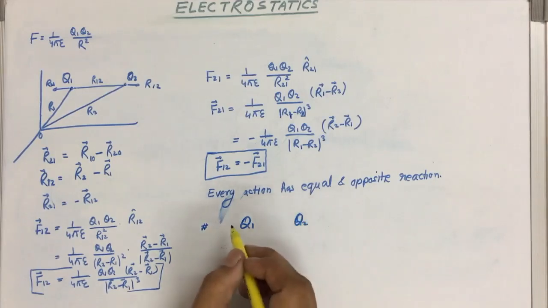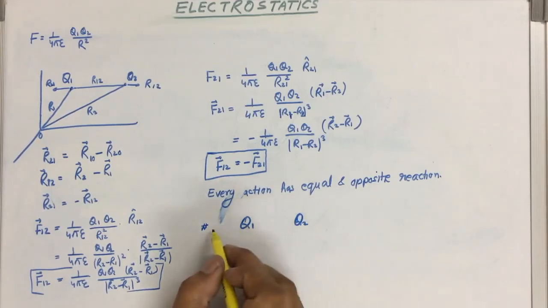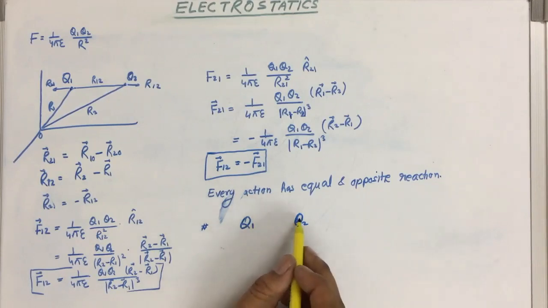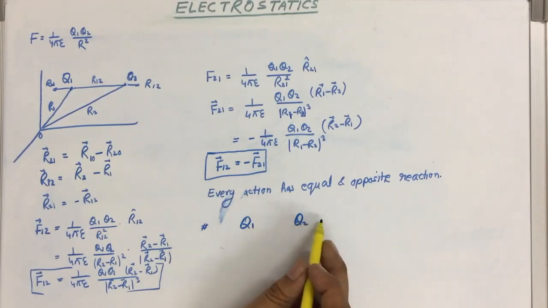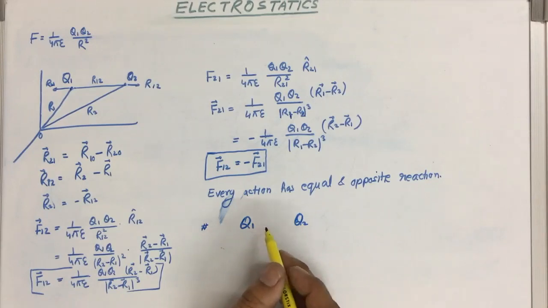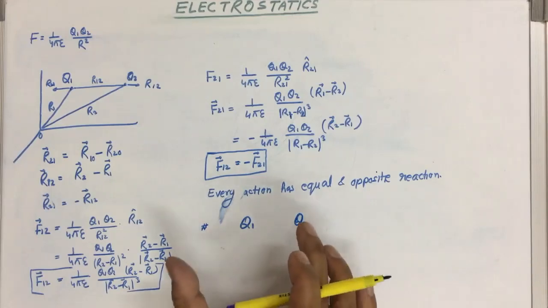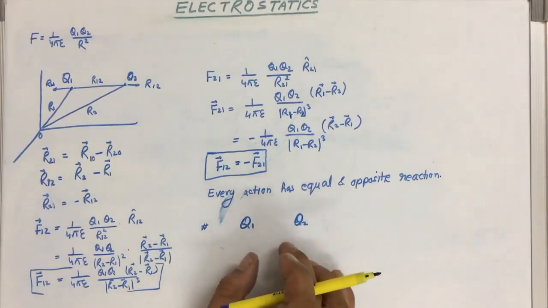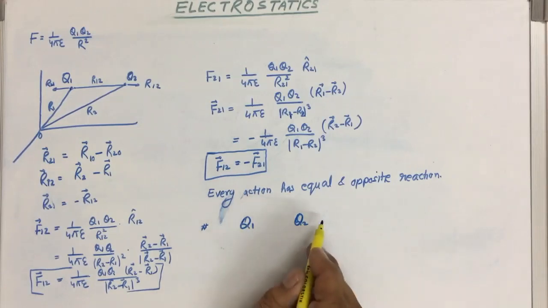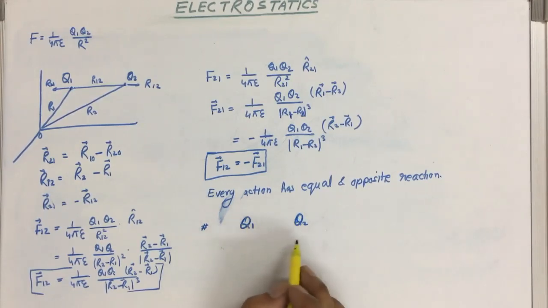The force acting on this from this will be in this direction, and from this will be in this direction, if both are of same polarity. If these two are considered combinedly as a system, then both the forces, equal and in opposite direction, cancel out. So the internal forces will be only there, and the total force on the system will be equal to 0.